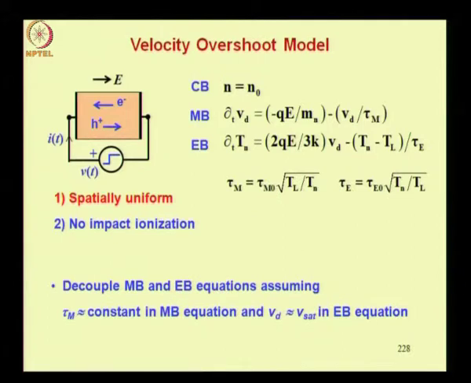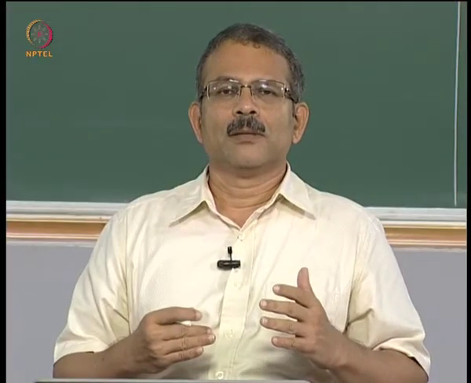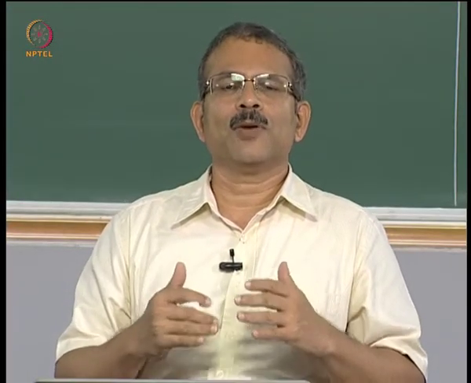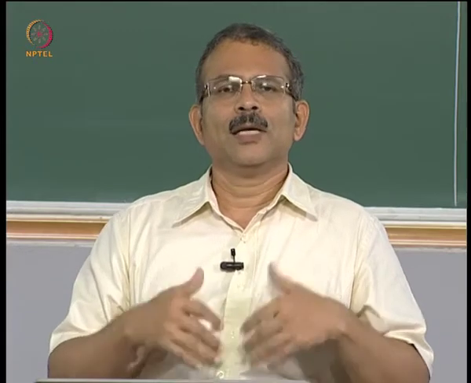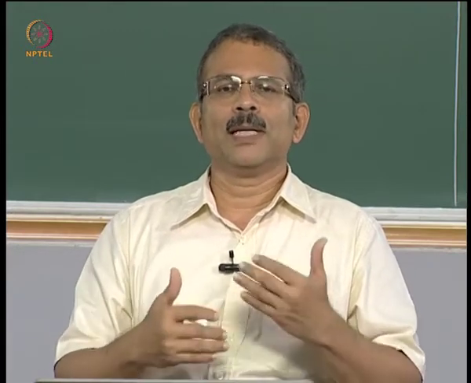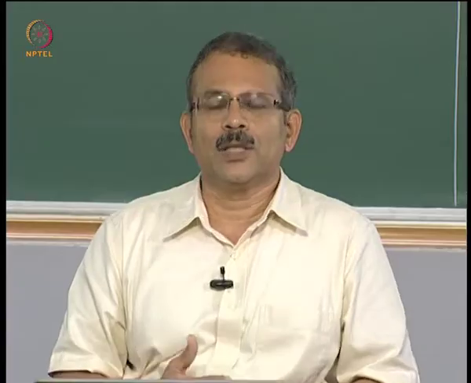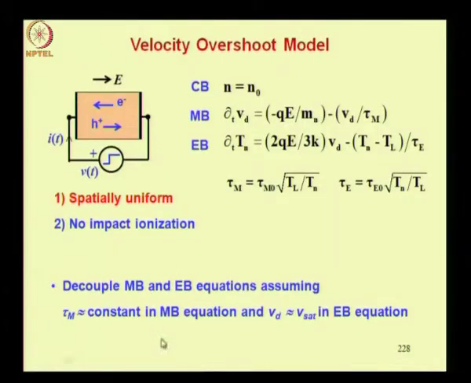So the first step will be to simplify or decouple these equations. These are approximations that we are doing for analytical solution. Otherwise numerically you can always solve two coupled differential equations, but we want analytical solution. So how do you decouple? You decouple momentum balance and energy balance equations assuming tau m is constant in the momentum balance equation.